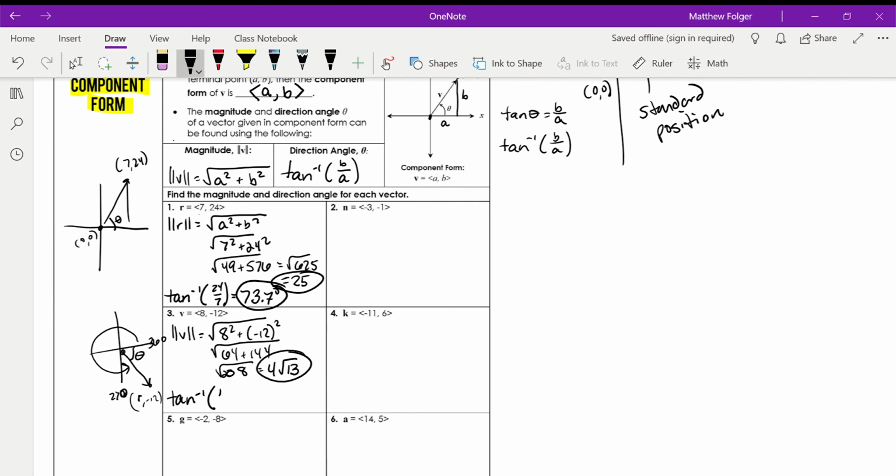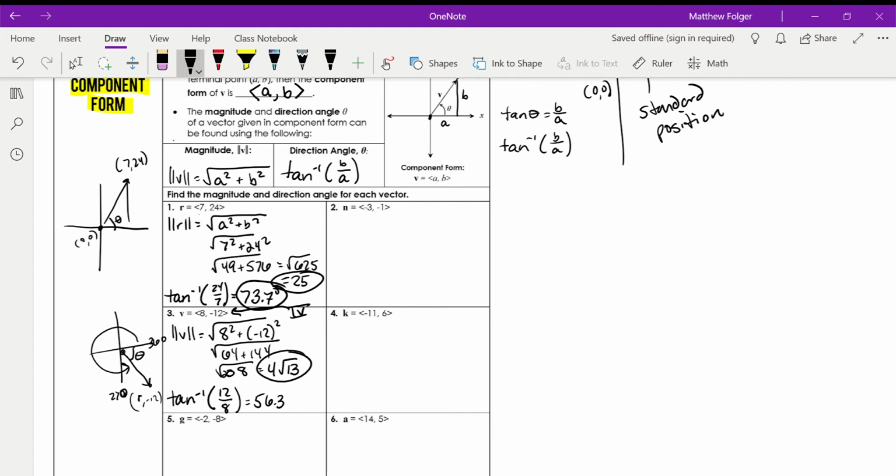So I'm just going to write 12 over 8. This is just going to give me my reference angle. Then I need to put it in the 4th quadrant, because this is in the 4th quadrant. So inverse tan of 12 over 8, let me do that really quick, is 56.3.